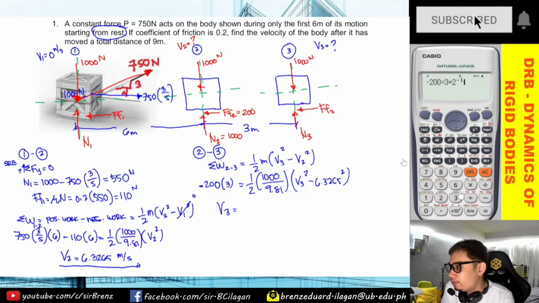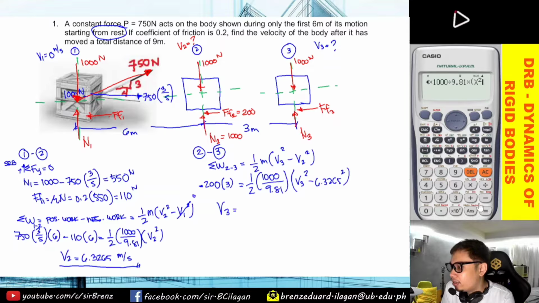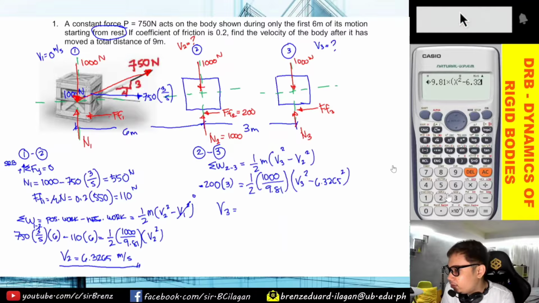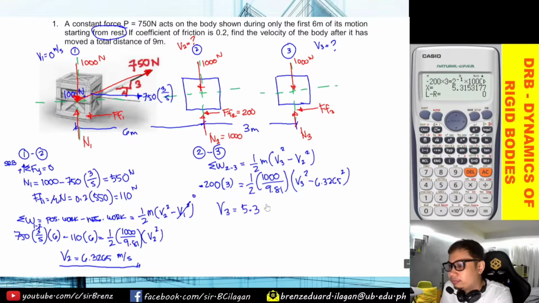So, 1/2 times 1,000 divided by 9.81 times the quantity of ayan, squared minus 6.3265 squared. So, shift solve na lang natin. Lagyan natin positive value. Ayan. So the answer is 5.3153.